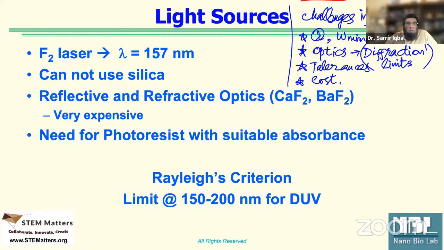So those are the challenges in optical lithography. When we make things smaller, we have less tolerance, so less room for error, because now things become too close to each other. And of course, the cost goes up, and we can achieve somewhere around 150 to 200 nanometers with UV.